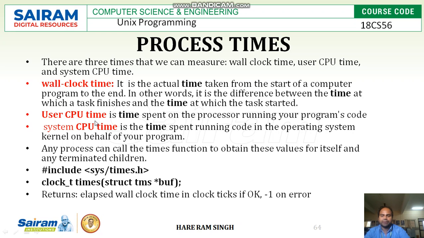Similarly, next is user CPU time. What is user CPU time? It is the time spent on the processor running your program's code. As you know, whenever we write a program, that program will run on the processor. So the total time spent on the processor running our program code is called user CPU time. System CPU time is the time spent running code in the operating system kernel on behalf of your program.